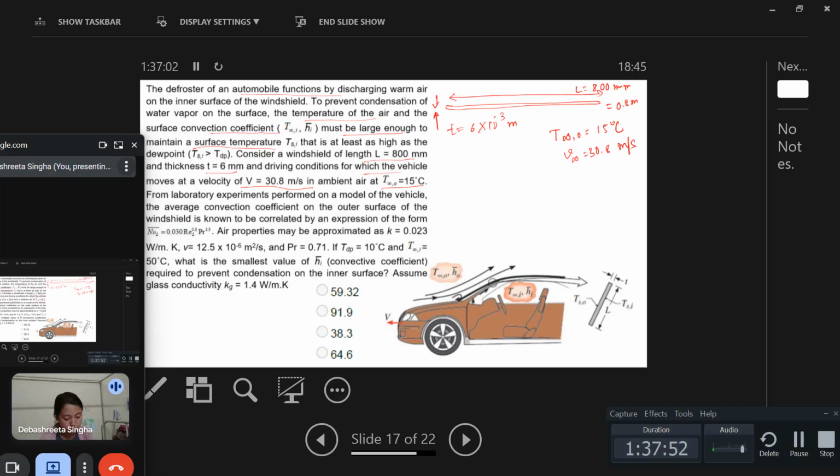From laboratory experiments performed on a model of the vehicle, the average coefficient on the outer surface of the windshield is known to be correlated by an expression of the form Nu_L is equal to 0.03 Re_L to the power 0.8 Pr to the power 1 by 3.